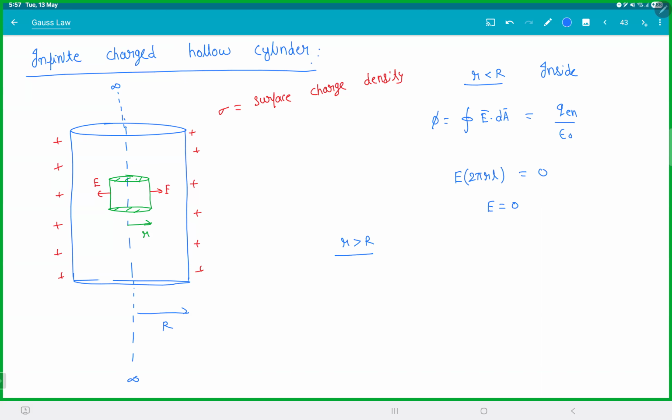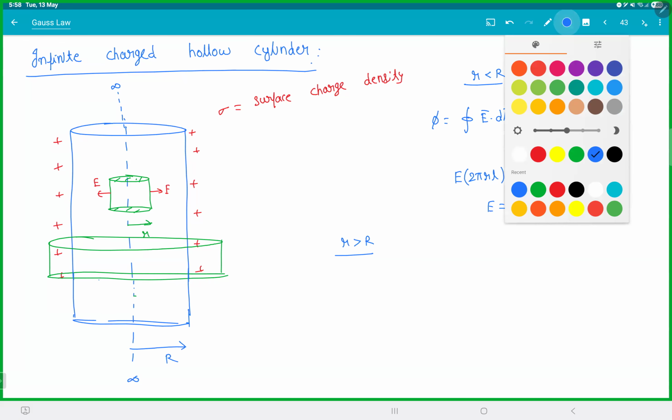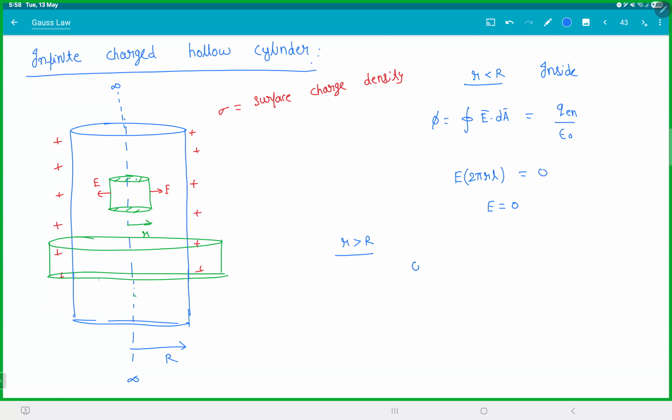For r greater than R, meaning if you take a big cylinder, same story. Interestingly, the left-hand side will always look the same.